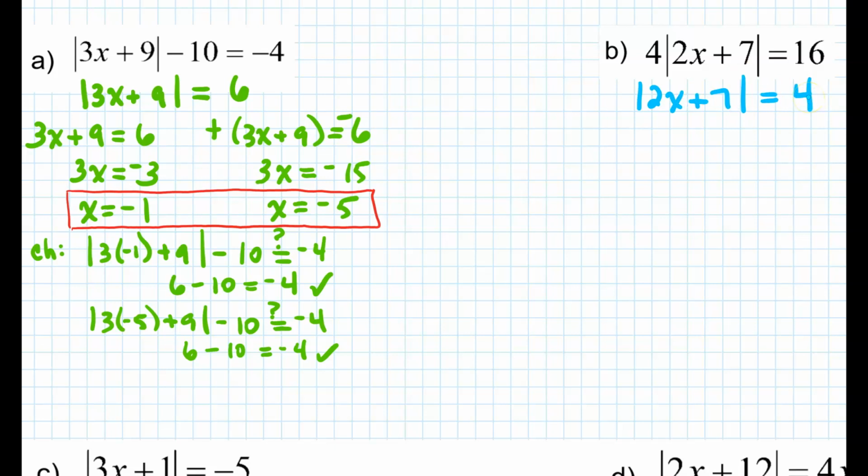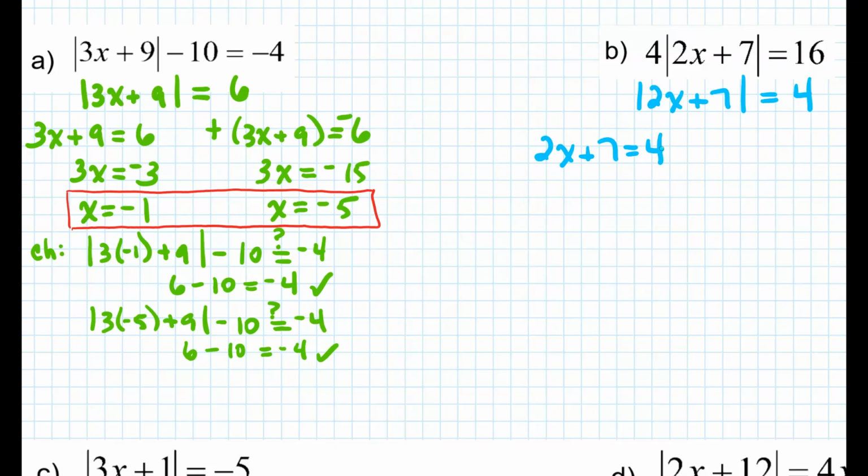Okay. And so again, we are looking at the 2x plus 7 being a distance of 4 from 0 in both directions. So our first equation will be the 2x plus 7 is equal to 4. And what will our second equation be?